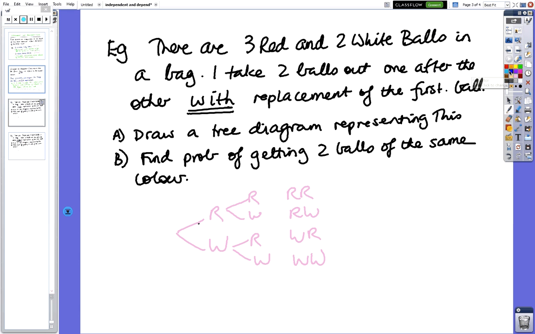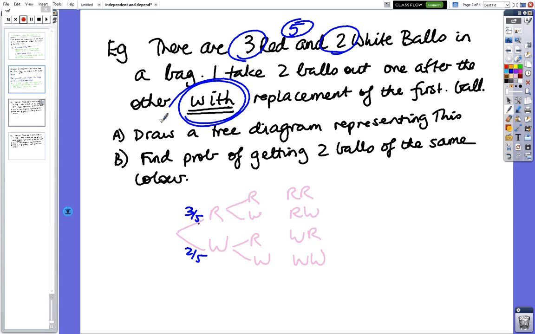Now I'm going to put the probabilities. I've got 3 balls and 2 balls, so a total of 5 balls. So it's 3 over 5 and 2 over 5, and I'm putting the ball back in the bag, which means it's going to stay 3/5, 2/5, 3/5, 2/5.